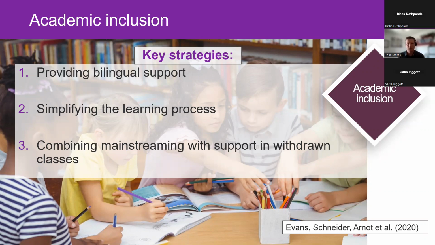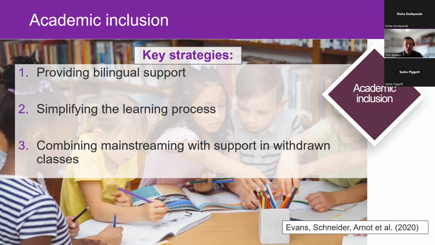However, I think it's really important to note that withdrawal support is a valid strategy, but it needs to be done in a purposeful and strategic way that optimizes learning. So, for example, we don't recommend withdrawing learners from subjects such as PE, music, or technology, which are things they can potentially participate in and learn about regardless of their language proficiency.